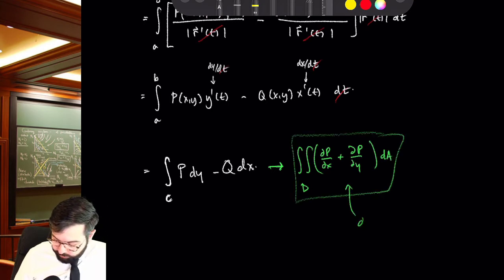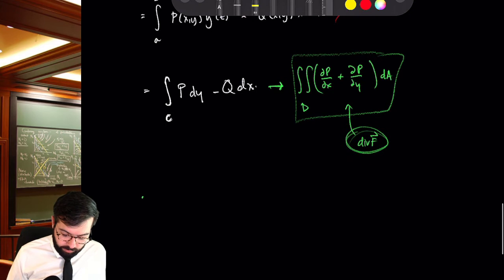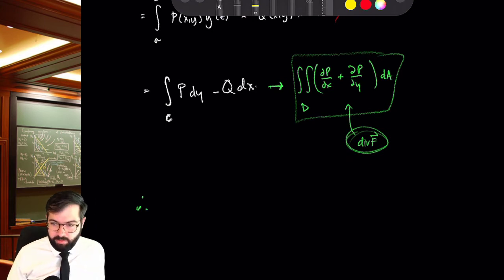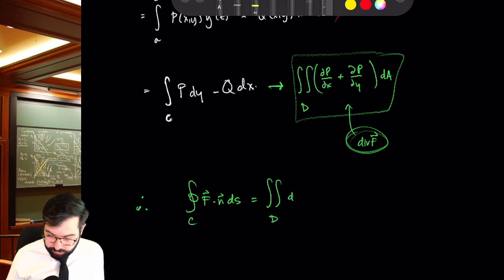And this is the divergence of F, and that's where we get that from. So this vector form of Green's theorem tells us that over a closed loop, this is equal to the double integral over D of the divergence of F dA.